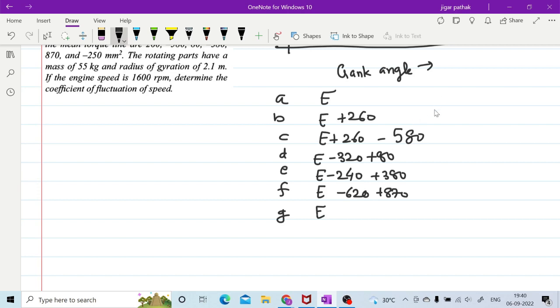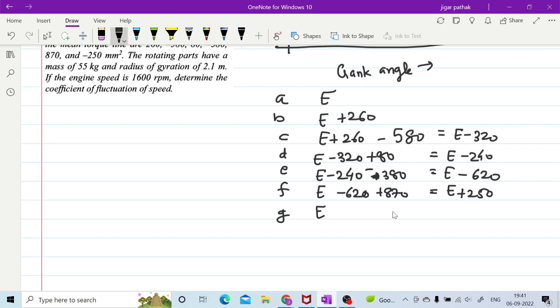Right, so here this is E minus 320, this is E minus 240, this is E, here it is minus, sorry, 620, E minus 620, E plus 250, and again you will have E only. Right? So this is how you can write the energy at different points.